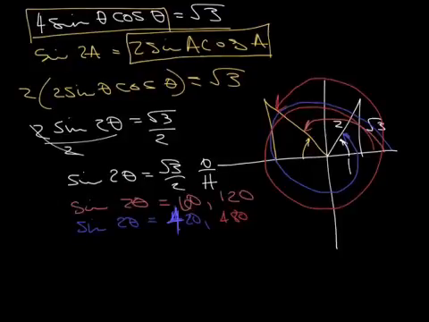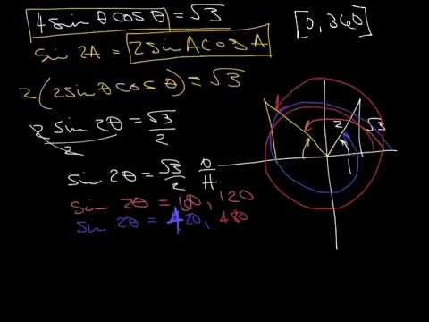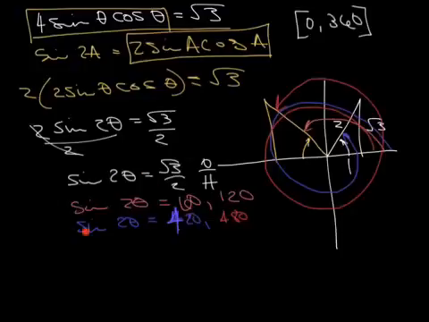So the weird part is, how many times do I go around? Well, the instructions say that our interval was 0 to 360 degrees. So that is saying that our theta must be a number between 0 and 360. And these are not theta. 60, 120, 420, and 480 are not theta. Those are 2 theta. So if I take half of each one of these, then I get theta, because if this is 30, 2 theta is 60.